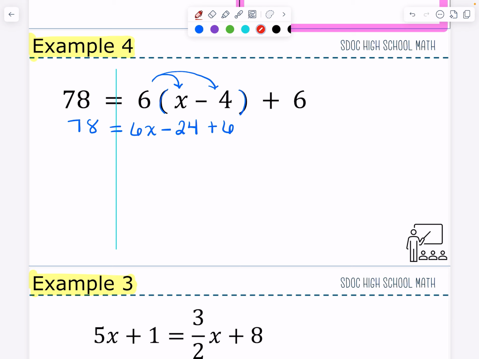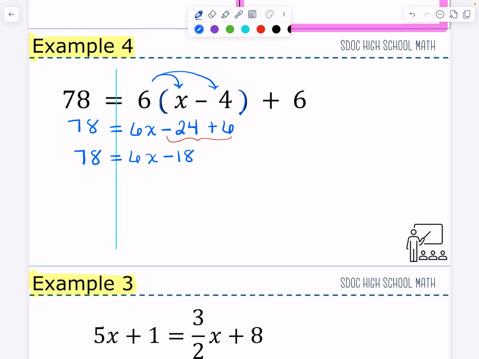On the left side of the equation, it is only 78. There's nothing I can combine there. On the right side of the equation, I can combine anything that has x's with anything else that has x's, or values that have no variable with values that have no variable. So negative 24 and positive 6, I can combine. So I have 6x minus 18.